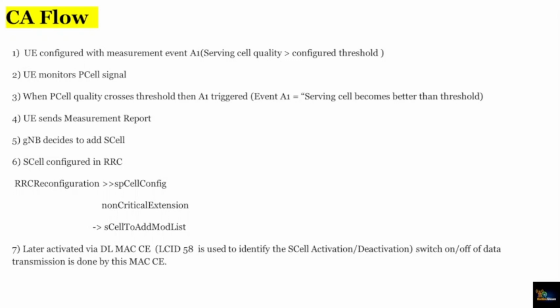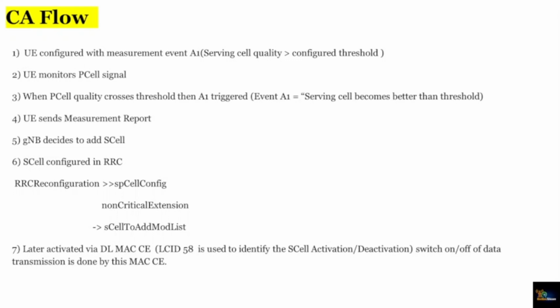The A1 event is telling that the serving cell becomes better than the threshold. So the UE sends a measurement report, the gNodeB decides to add an SCell, and the SCell is configured through an RRC message, RRC connection reconfiguration.